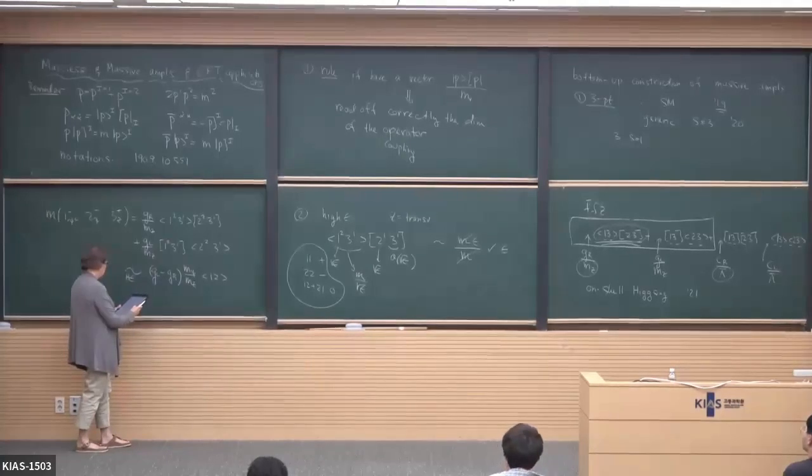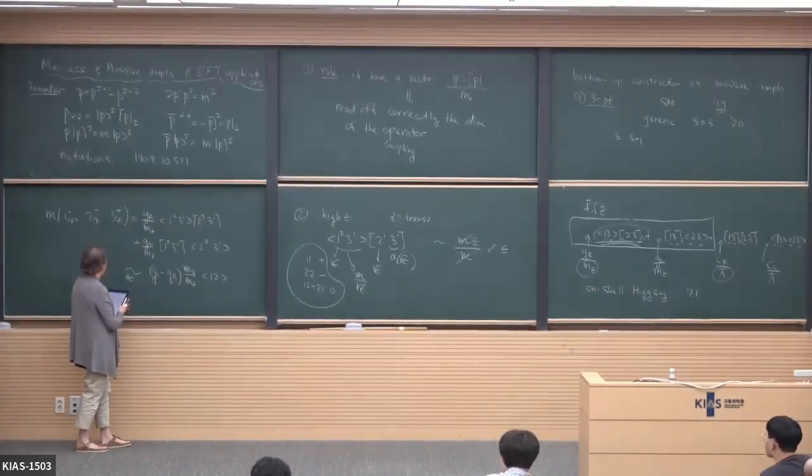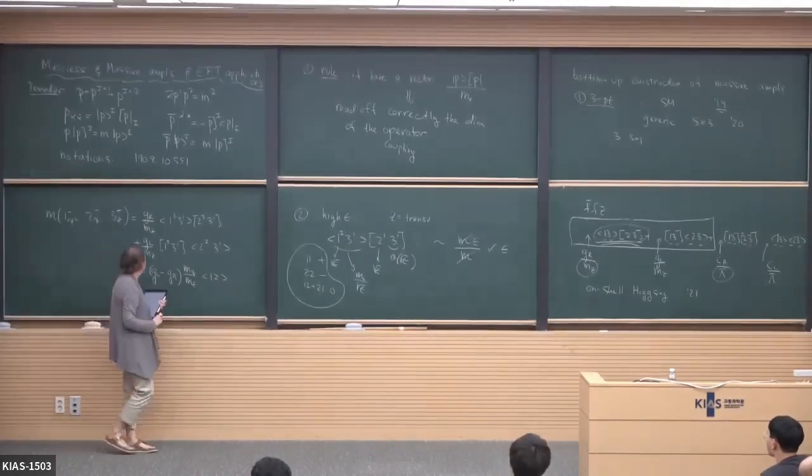Actually, is this the thing that I wanted to do? Yes, okay. But actually, I'm a little confused. I think I may have cheated. Which one do I want to do? Yeah, no, that's what I wanted.